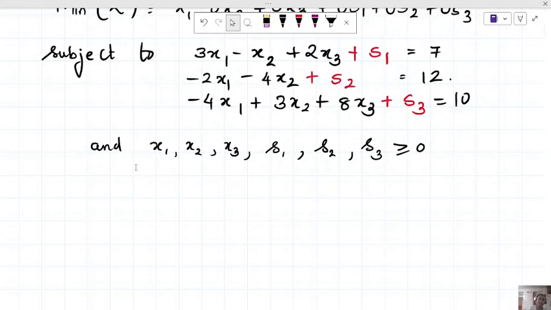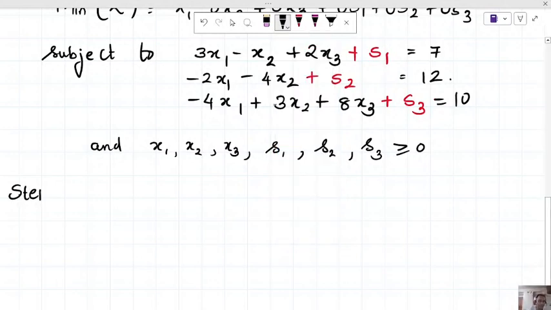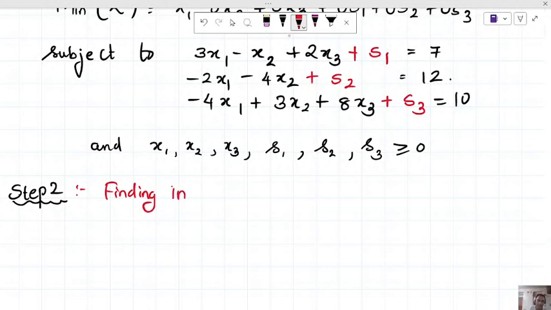Now this step is finding initial basic feasible solution. Okay, so I'll give you this step now. Step 2 is finding initial basic feasible solution.